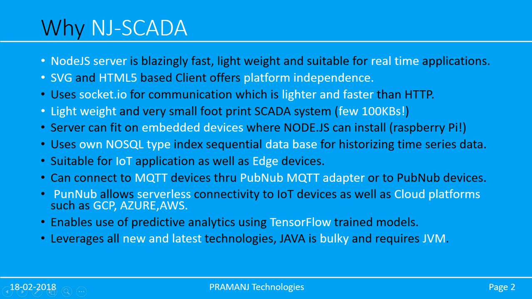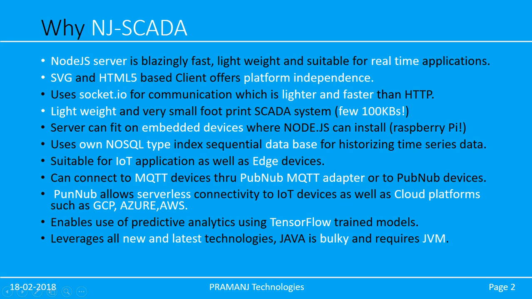NJ-SCADA uses socket I/O for communication, which is lighter and faster than HTTP protocol. NJ-SCADA is a lightweight and very small footprint SCADA system, which is about a few hundred kilobytes. The NJ-SCADA server can fit on embedded devices as well, wherever NodeJS can be installed, for example on Raspberry Pi devices.